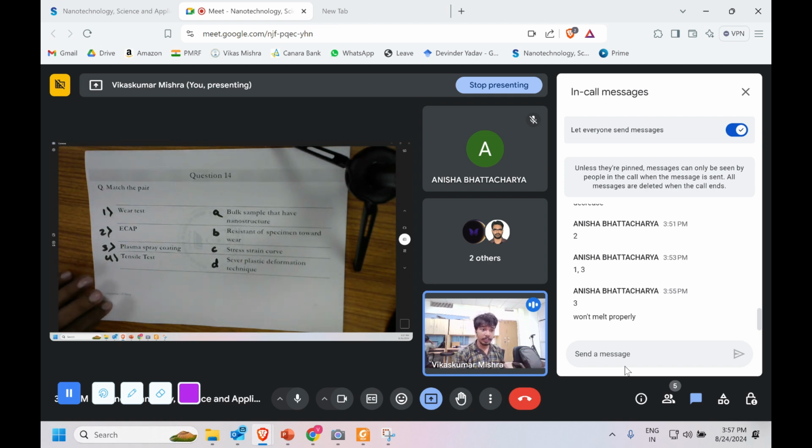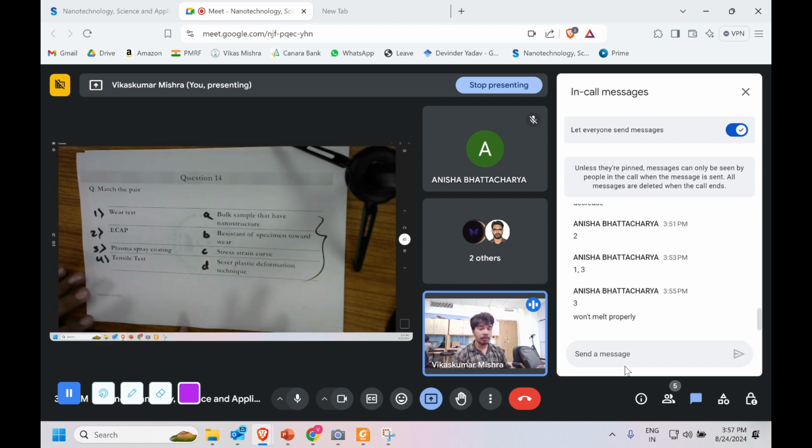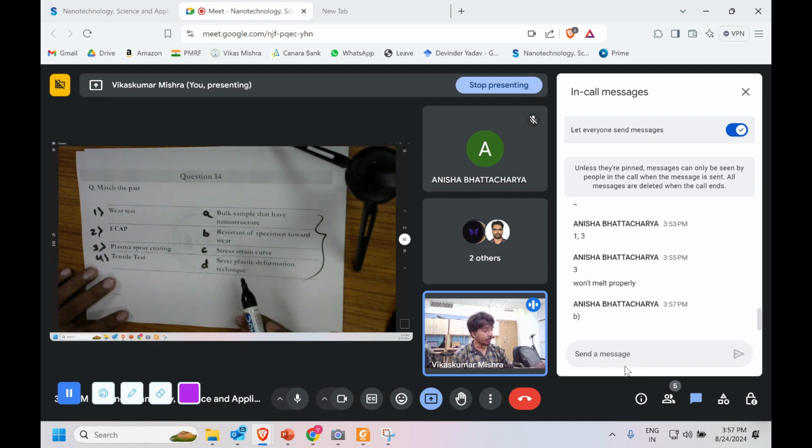This is the match the following type. Among these, for the wear test, which one will be the feasible, proper primary answer you can think of? For ECAP, plasma spray coating and tensile test, let's start with the wear test. So the wear test will match with A, B, C or D. Bulk sample that has the nanostructure.